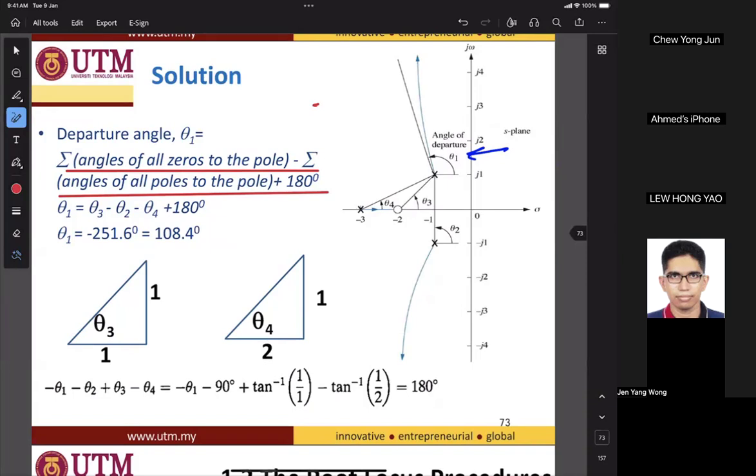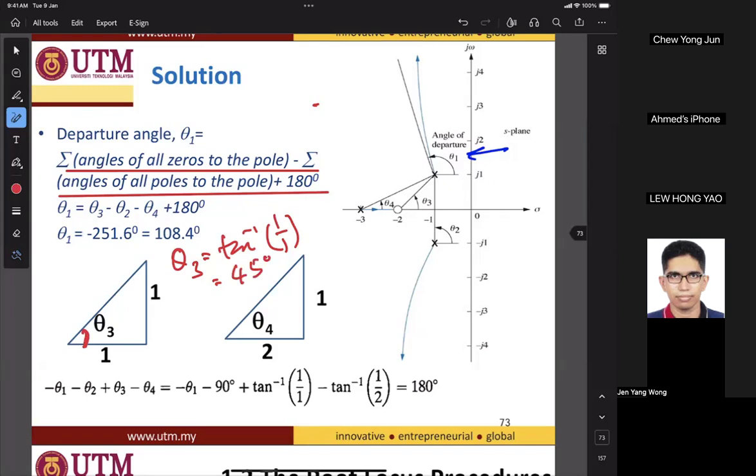Using tan inverse. Inverse tangent of 1/1. What is 1/1? 45 degrees, positive.